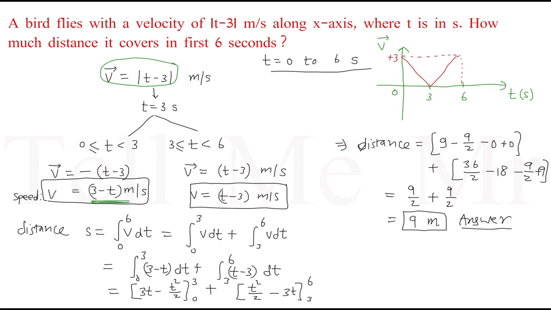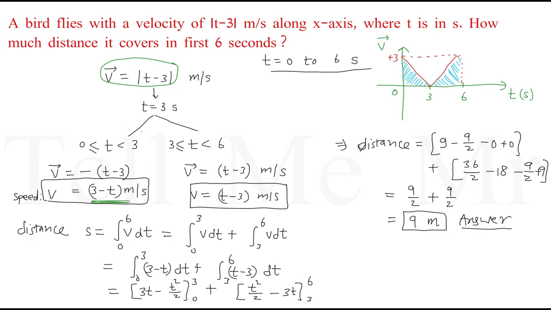And how do you calculate the distance from a velocity time graph? You just find the area under the graph, right? So you will calculate this area plus this area. The area under the velocity time graph, or speed time graph, will give you the distance.